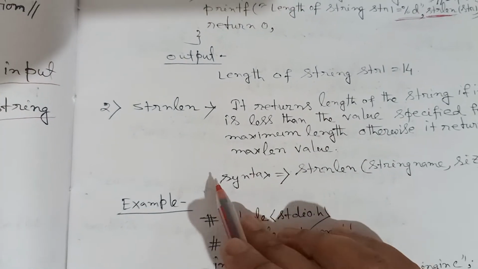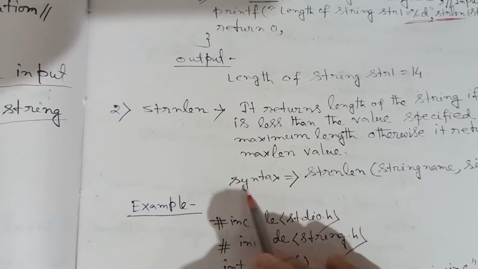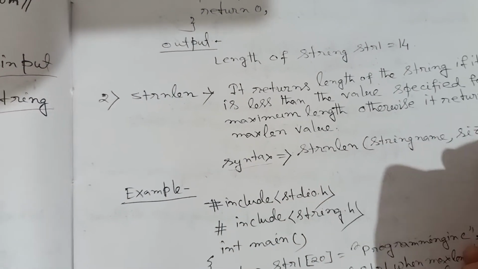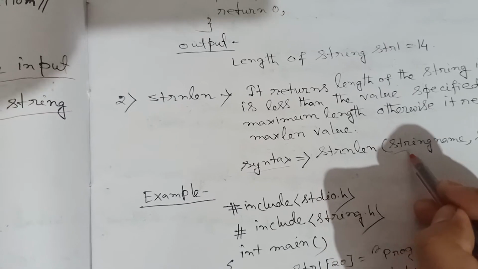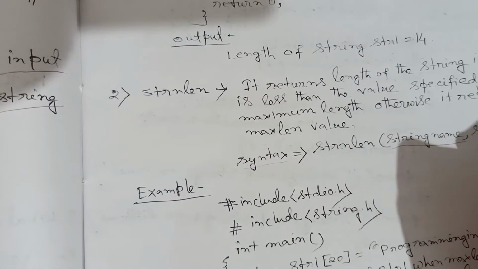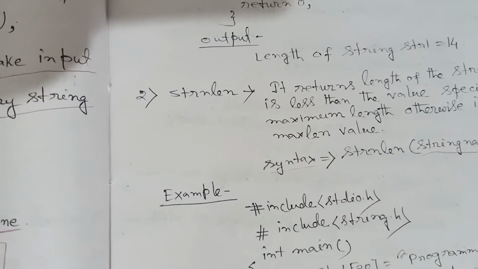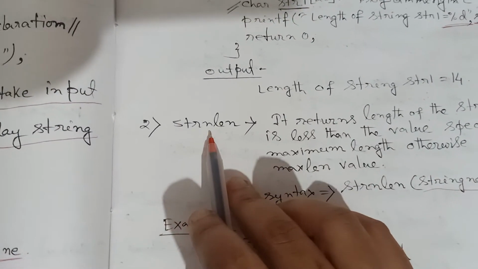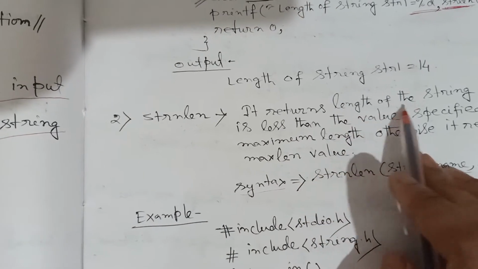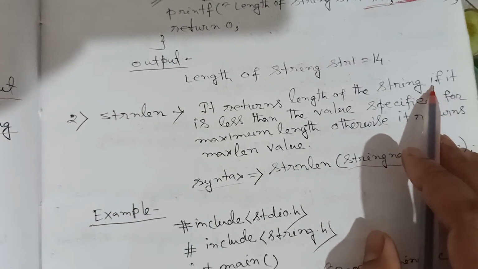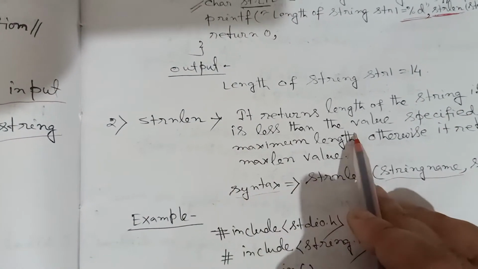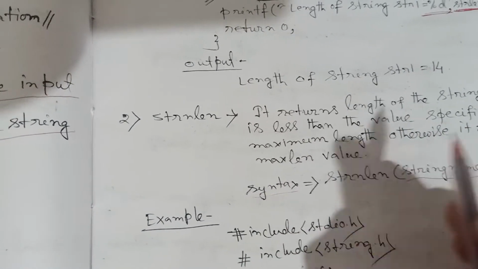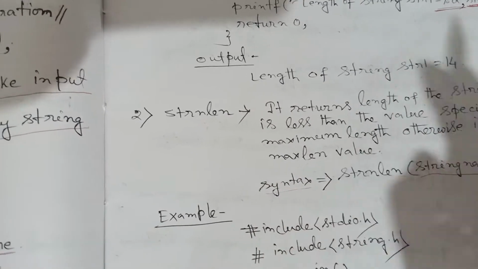So the syntax is strnlen within first bracket use string name then the size. So what is the use of strnlen? It returns the length of the string if it is less than the value specified for maximum length, otherwise it returns the maximum value.